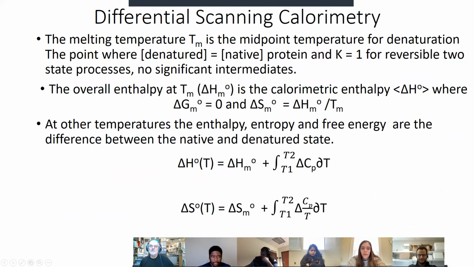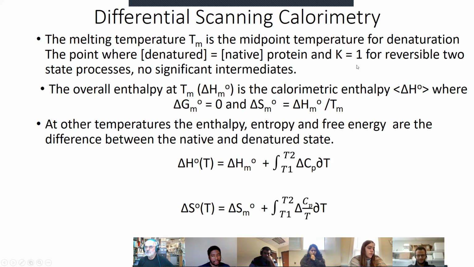Okay. The thing about this is that at every point across that curve, there's some kind of a transition from a native to a denatured state. It's really only at the peak where you tend to have equal concentrations of native and denatured.